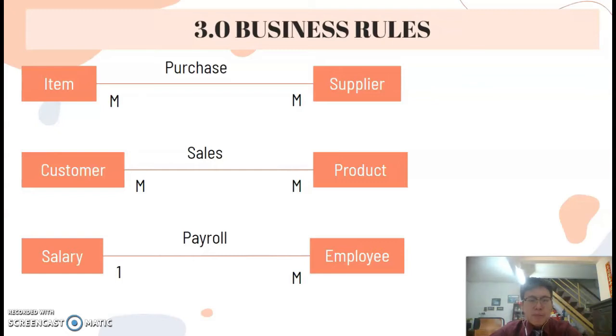Customers can buy many products from Memburger. Many products can be sold to each customer at the same time. The third business rule is about the relationship between the salary and the employee. Salary is given to more than one employee, while each employee can only receive salary once in a month.